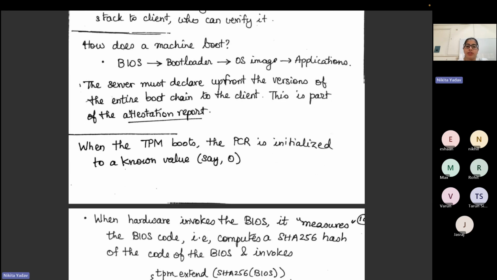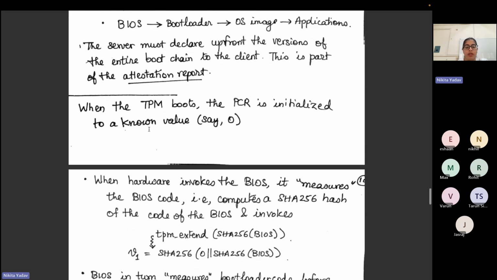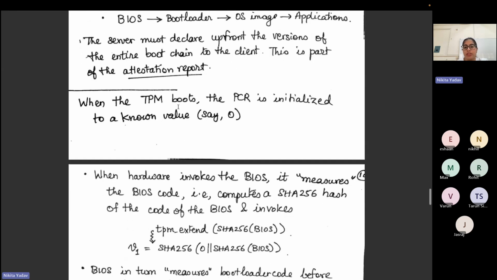The attestation report consists of two parts. One is the details of these components, this boot chain, like which binaries are run by your machine in what order. Of course, any machine boots in this order, but it needs to say which bootloader version, which OS image and version, etc. it is running.